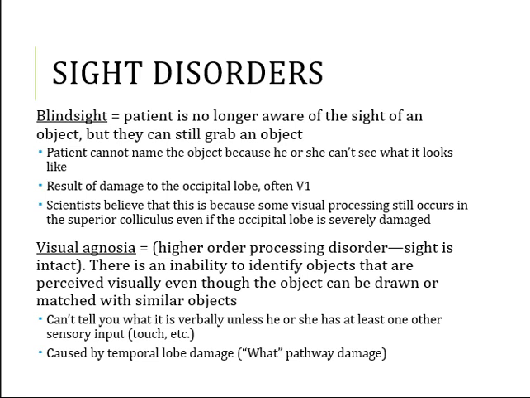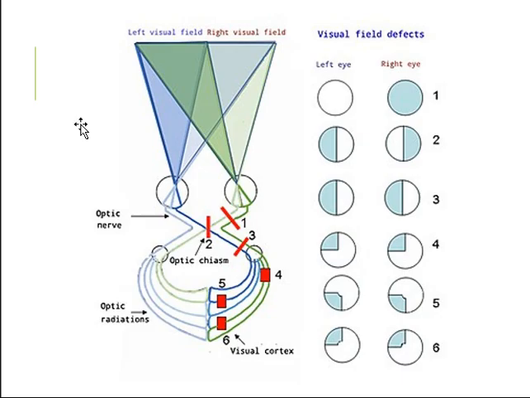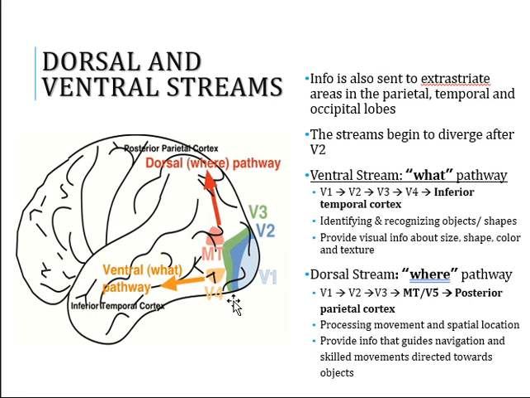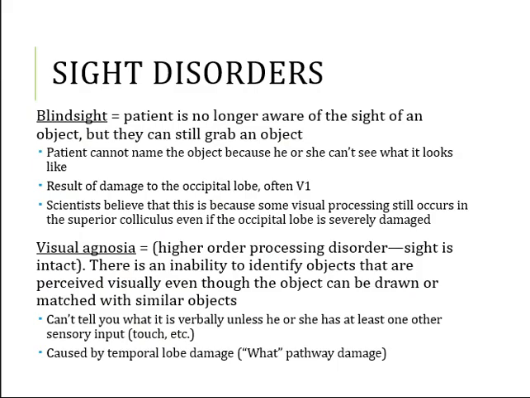I mean, as you can see, these are just physical lesions that can occur and change things in the LGN, not even mentioning problems in V1 or in V4 or in the dorsal or ventral pathways. So anyway, let's talk about blindsight and visual agnosia.